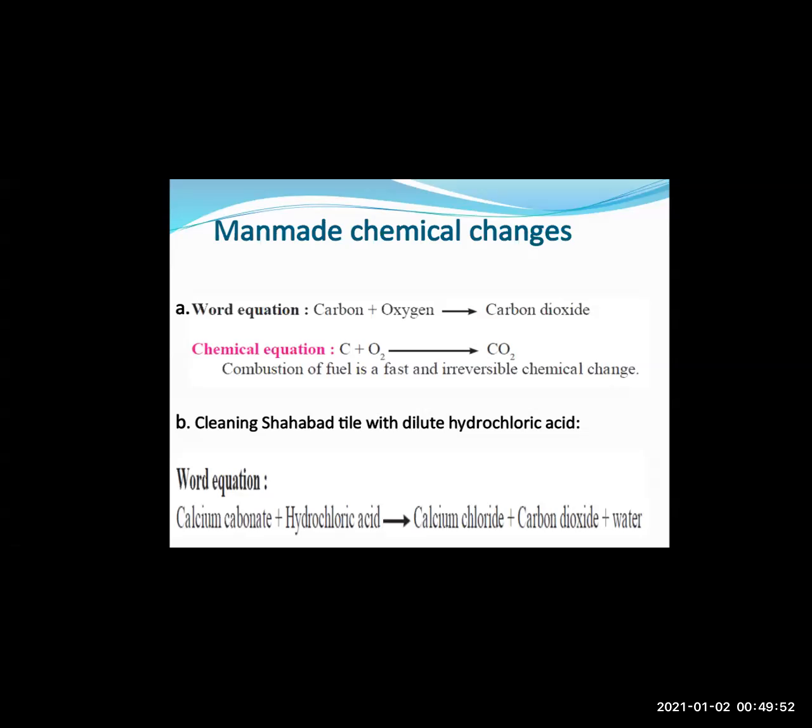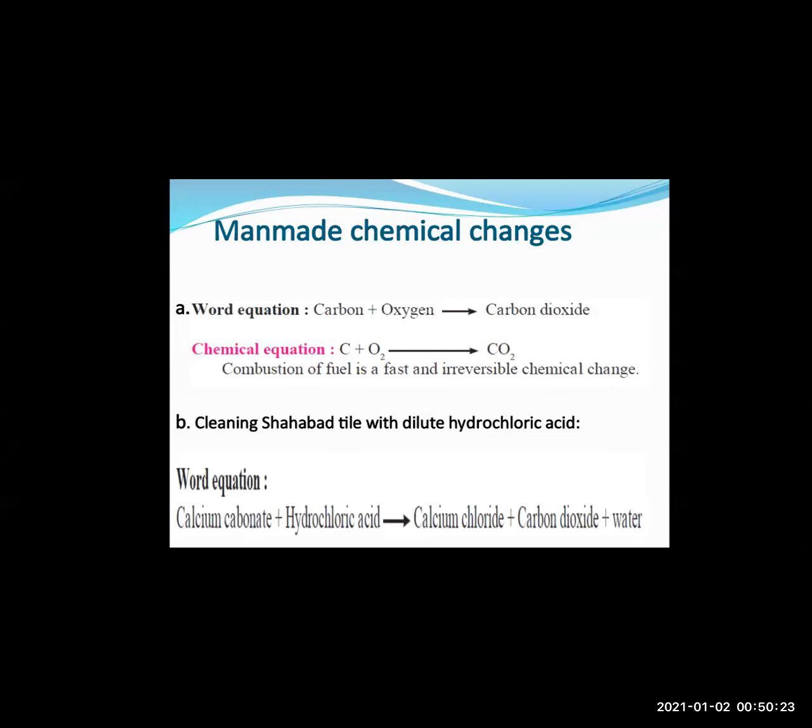The tiles are made up of calcium carbonate, and when dilute hydrochloric acid reacts with it, three products are formed. The first product is calcium chloride, the second is carbon dioxide, and the third is water. This is used for cleaning because it cleans all the dirt, which is washed away with the help of water.